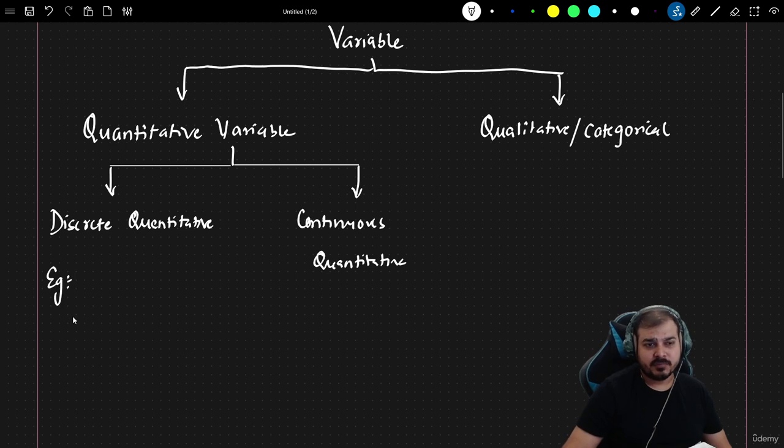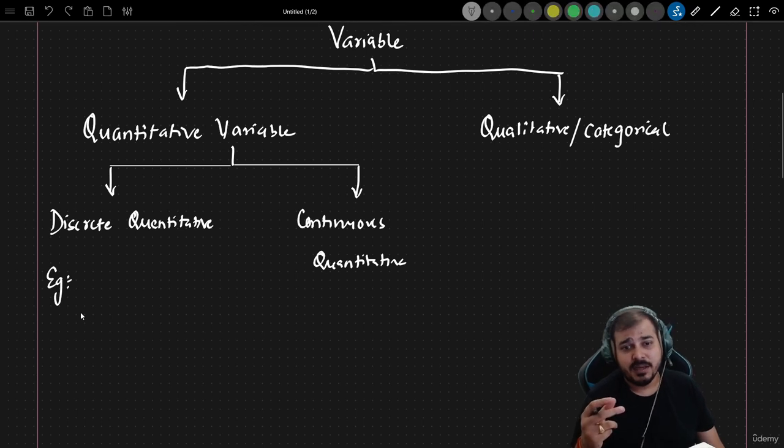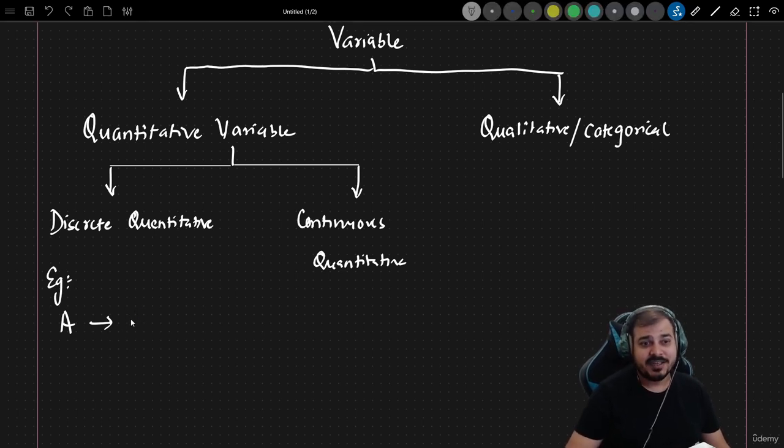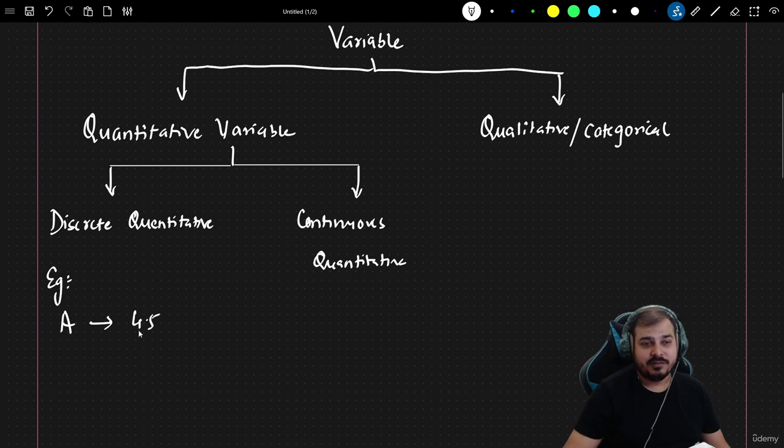Suppose I define a variable saying, okay, how many children does A have? Let's take this specific example. How many children does A have? I cannot say that A has 2.5 children. I can definitely say A has 3 children. I cannot say that A has 4.5 children, right?